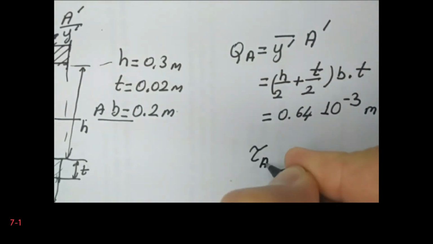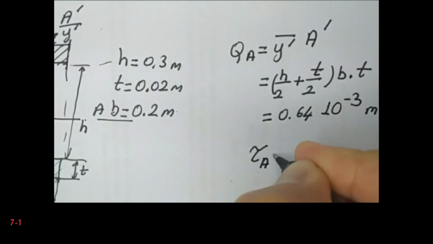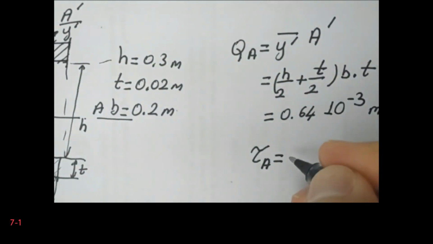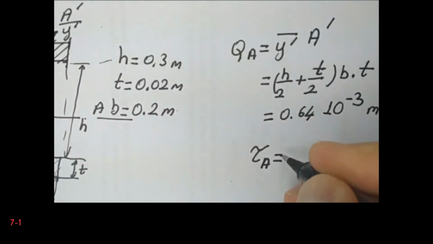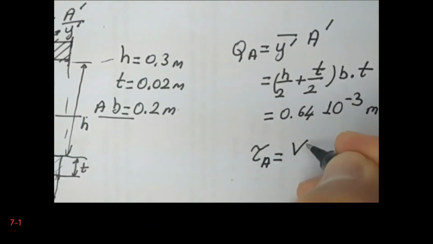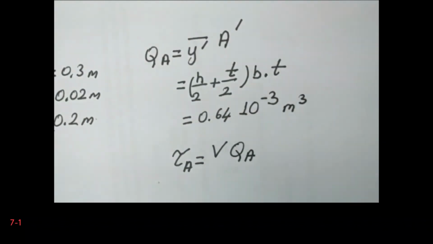Now we can calculate the shear at point A. So it is V multiplied by QA, the first moment of the area.